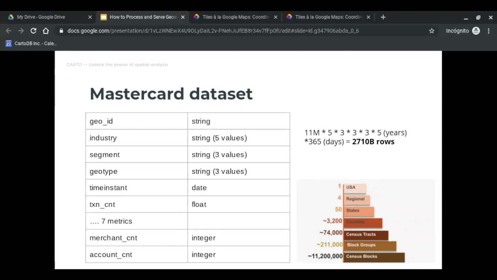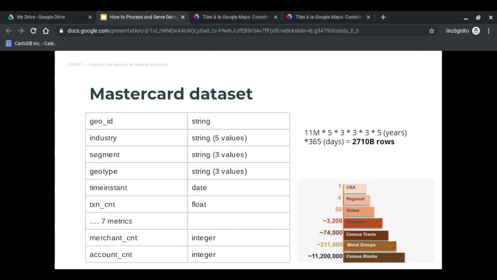Those 5 years of data are 365 times 5 years. And the number of boundaries that we have is 11 million. So the total size of the data set is 2,710 billion rows. But the good news was something that is quite hard. Unfortunately, it wasn't true. Our suspicion is that in every single block group in the United States, you don't always have transactions for every category.